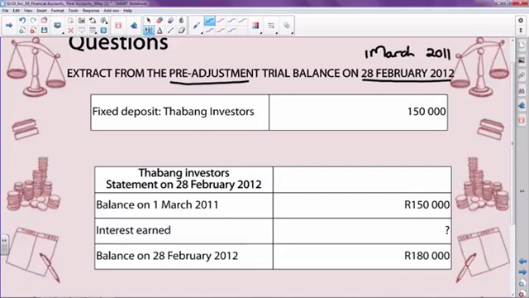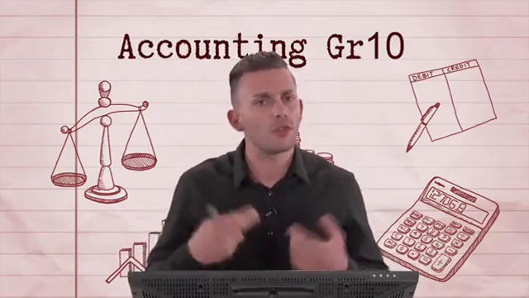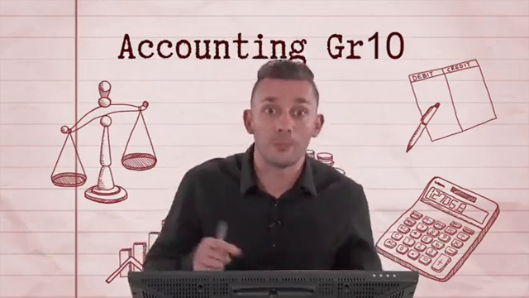I'm telling you now, we have a fixed deposit at Tabang Investors, and we have 150,000 Rand here. Remember, there are two ways to calculate the interest. We can have interest not capitalized, which means it doesn't go into our investment account, and they will give you your interest every month or every 2 months, or we can have it capitalized.